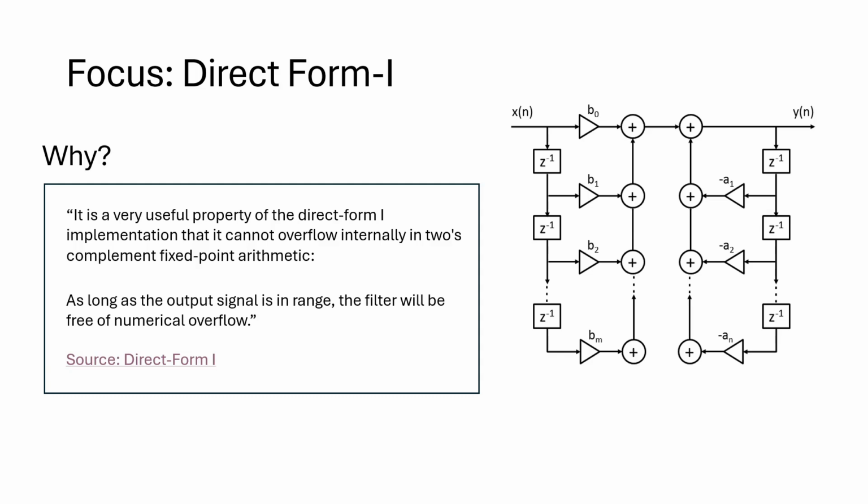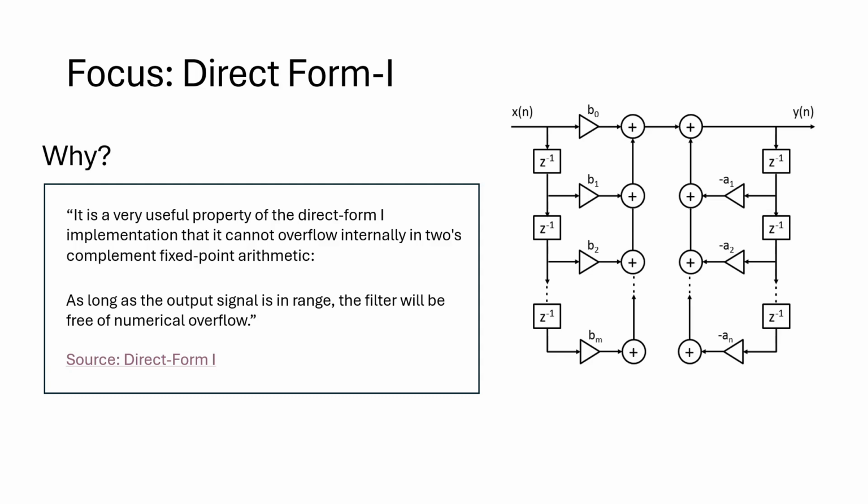And that can be complicated. With other structures, you might need to use saturation logic or something more advanced. But with the direct form 1 filter, we don't really have to worry about this internal overflow with the 2's complement signed number. So that's why I chose it. It's going to be slightly more simple for me to implement in Verilog.